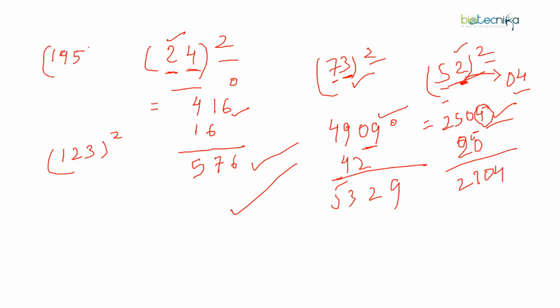Okay, so I want to find out 195 का स्क्वायर क्या होता है. What is the square of 195, right? यहाँ मुझे दिख रहा है 3 डिजिट का नंबर है.